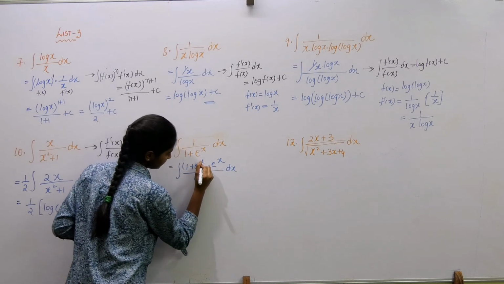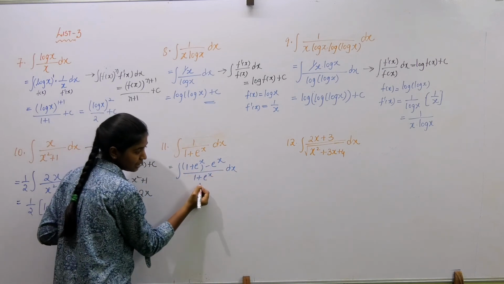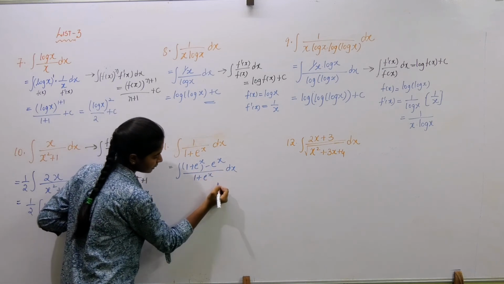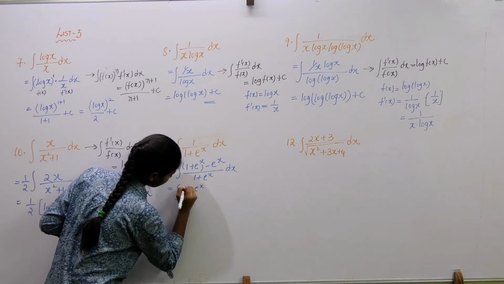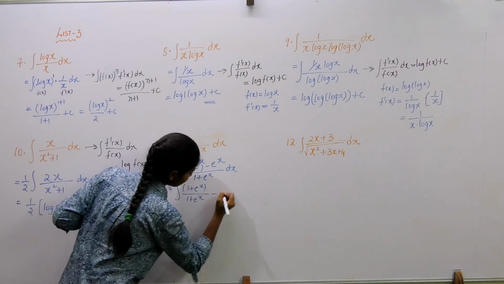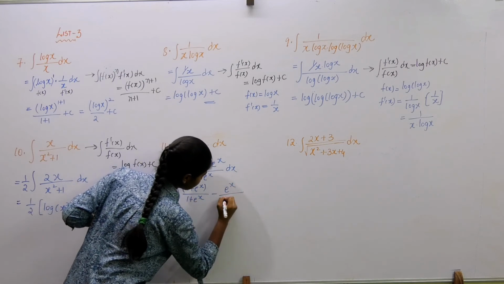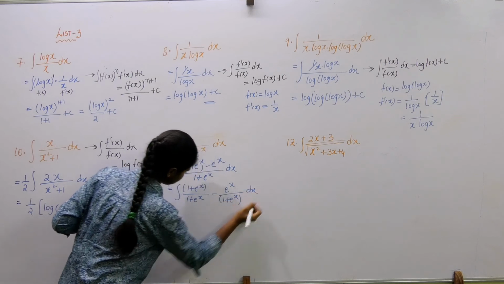Now we consider this as one term and the e power x as another term. First term by denominator minus second term by denominator. It is equals to 1 plus e power x by 1 plus e power x minus e power x by 1 plus e power x dx.